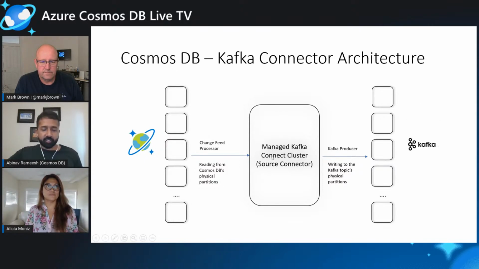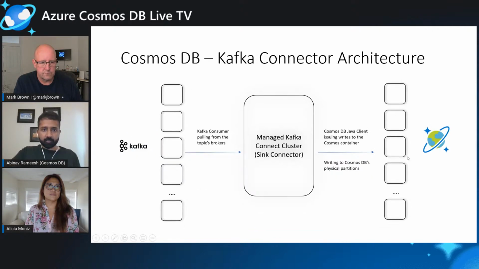On the other end of it, the connector is running the change feed processor on one hand. It's also running the producer on the other hand, which is then pushing that data to Kafka. And this is the exact opposite, so really more of the same thing.